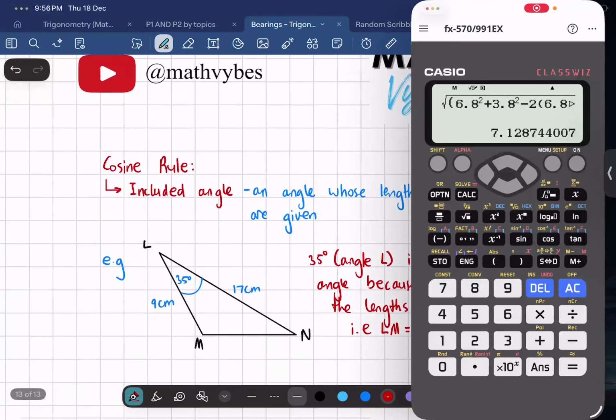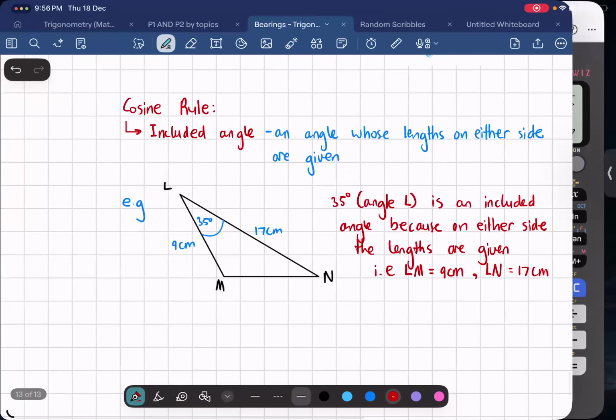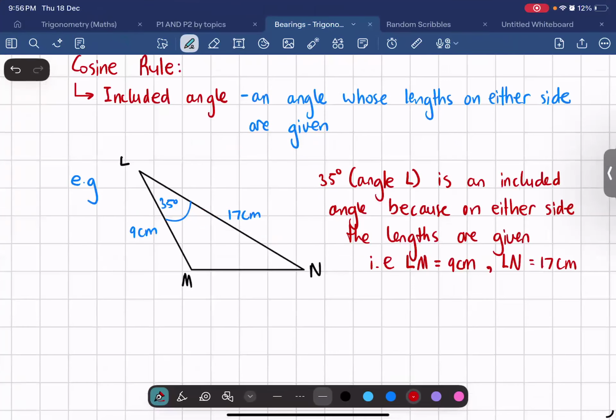So for this question, we will use the cosine rule for sure. And guys, the cosine rule will allow us to find the side opposite the included angle.